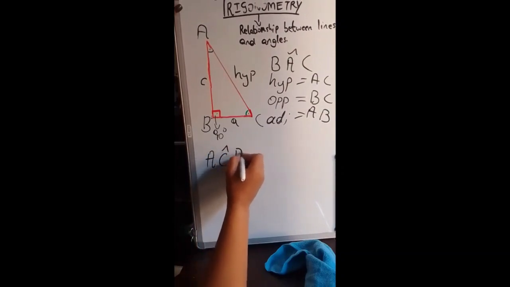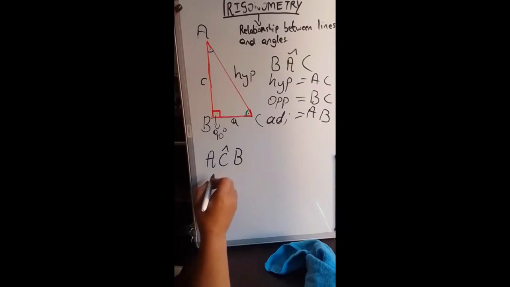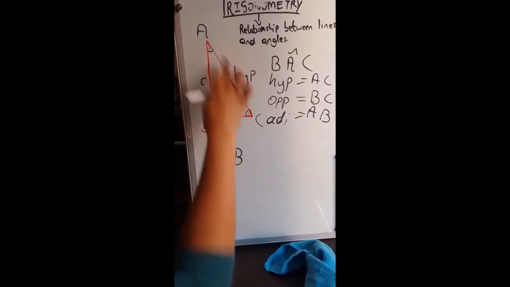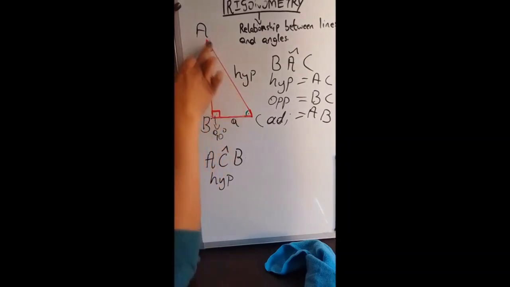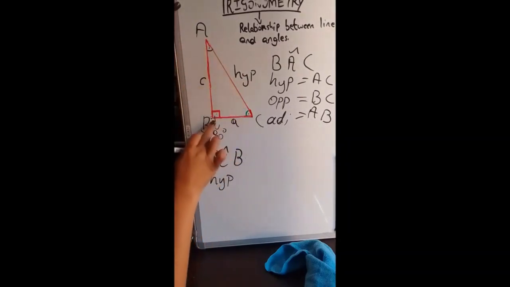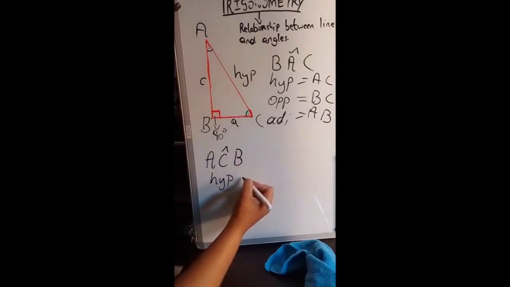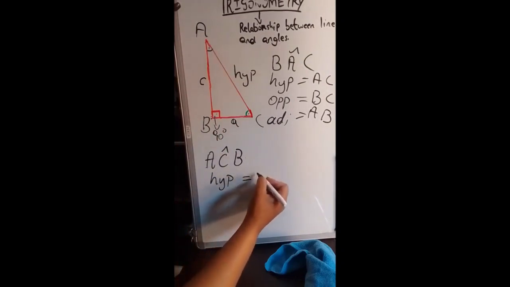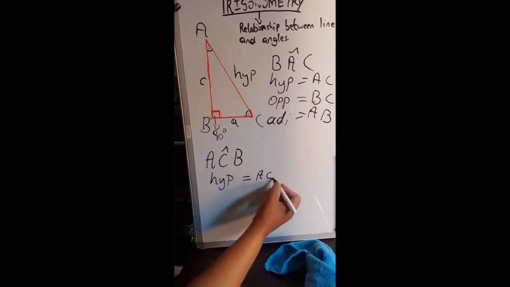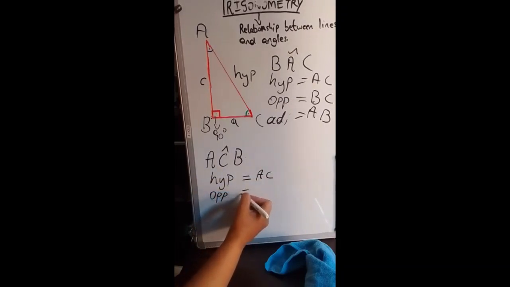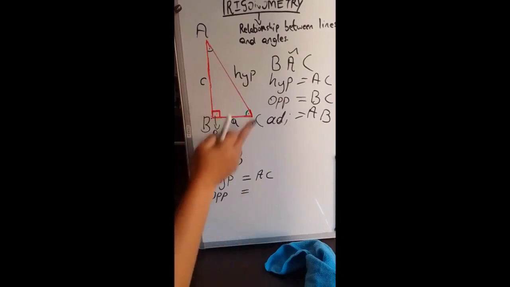So let's go to angle ACB. What would be the hypotenuse side of angle ACB? Hypotenuse is always the side that is opposite the 90-degree angle. So just like angle BAC, the hypotenuse of this also will be side AC. What would be the opposite side of angle ACB?